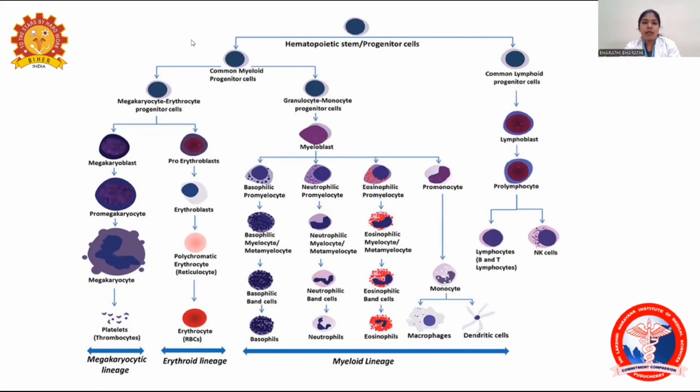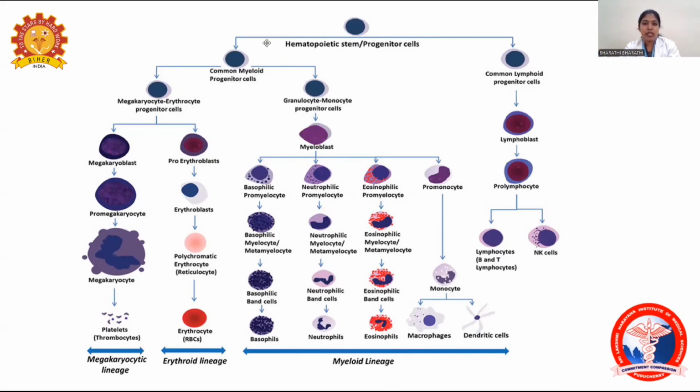The common myeloid progenitor cells give rise to all the other WBCs like neutrophils, monocytes, basophils, and eosinophils, along with the platelets as well as erythrocytes, that is RBCs. And the common lymphoid progenitor cells give rise to only B and T lymphocytes alone. Are you all thorough with this concept?